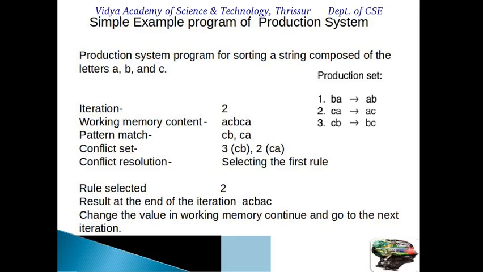CA corresponding rule is 2. So in this case we have to choose again the first rule. 2 and 3 are there, so the first rule in this case is 2. 2 is selected. 2 means the CA will be converted into AC.